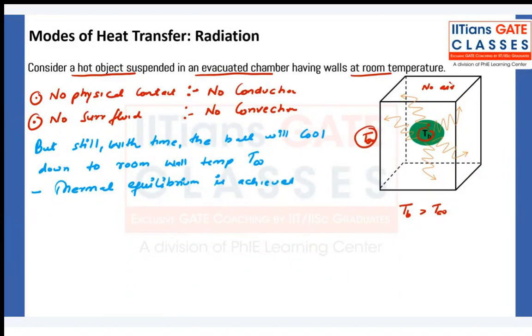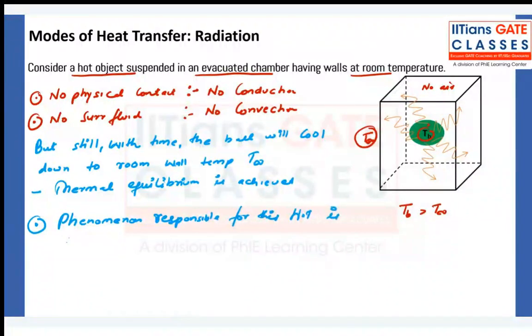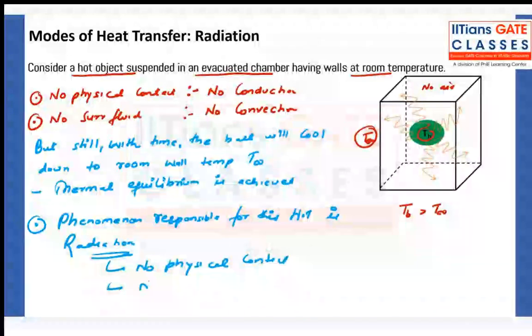Then how is the heat being lost? The phenomenon responsible for this heat transfer is radiation. That means radiation does not need a physical contact, and it does not require any material medium.